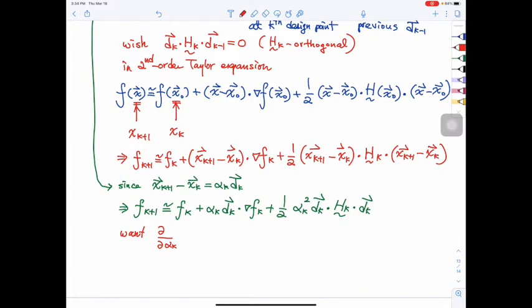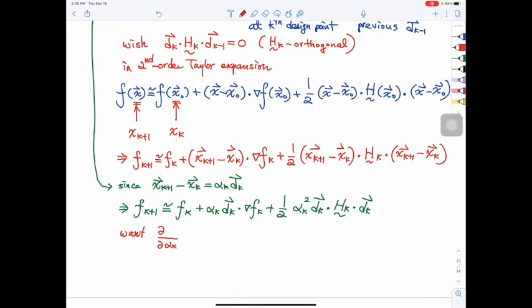It's also a variable. Remember, along the line search, we are keeping alpha as our variable, and everything else is known. We are trying to determine the optimal alpha. Here is a similar idea. We want to determine alpha, so we do a first order derivative with respect to alpha.